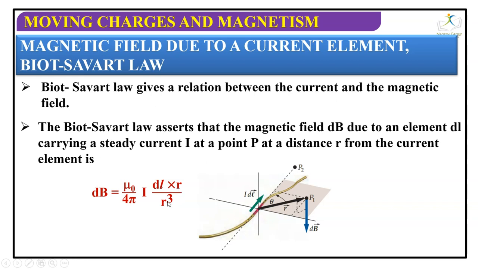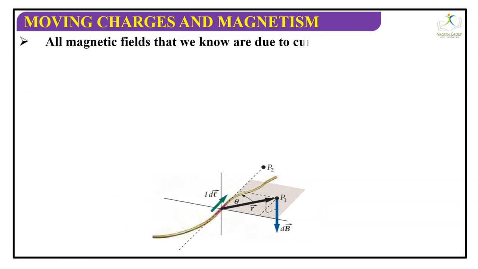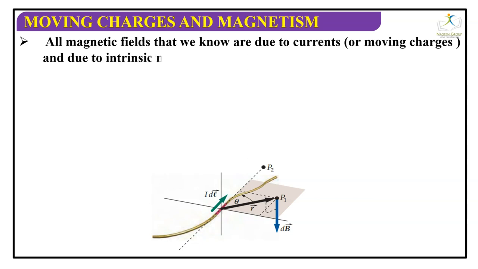Here mu naught is the permeability of free space. This is the diagram, and all magnetic fields that we know are due to current or moving charges and due to the intrinsic magnetic moment of particles.